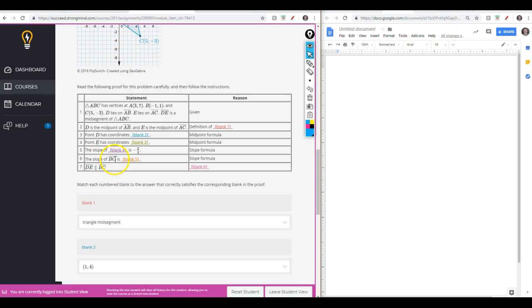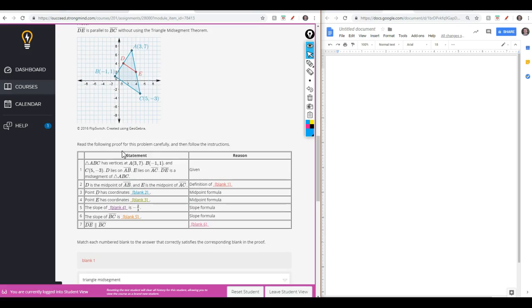They're talking about segment BC, and then I went to statement 7, and they're stating that segment DE is parallel to segment BC. I see BC right there. I do not see segment DE anywhere, so I believe blank 4 is segment DE, and I'm going to check that the slope is -2/3.